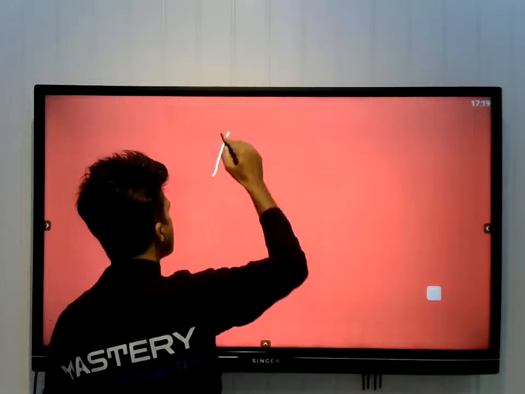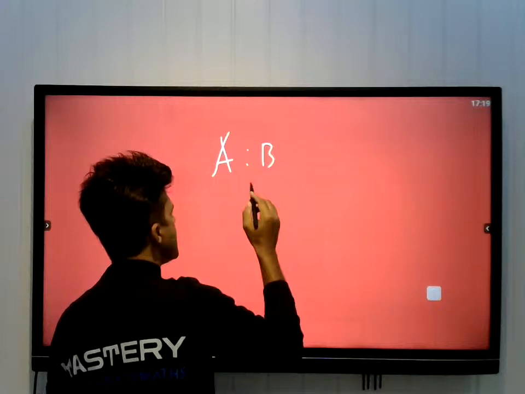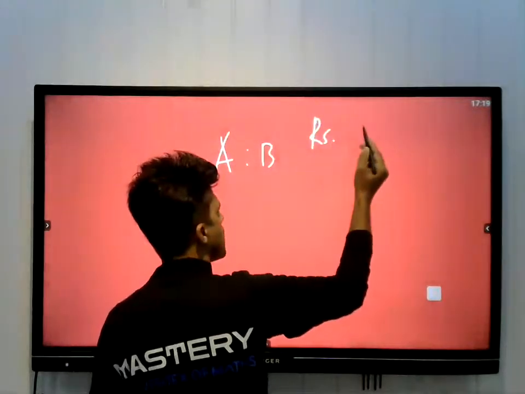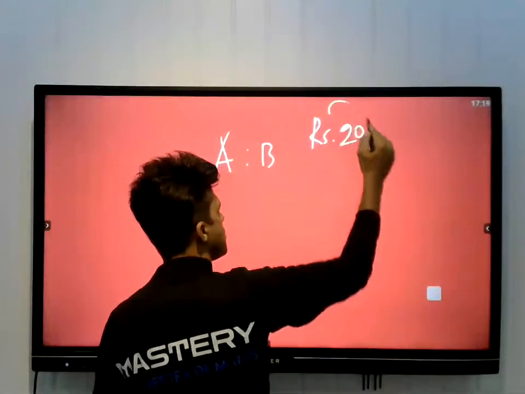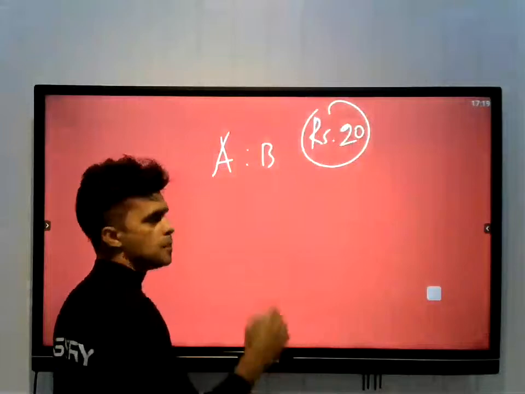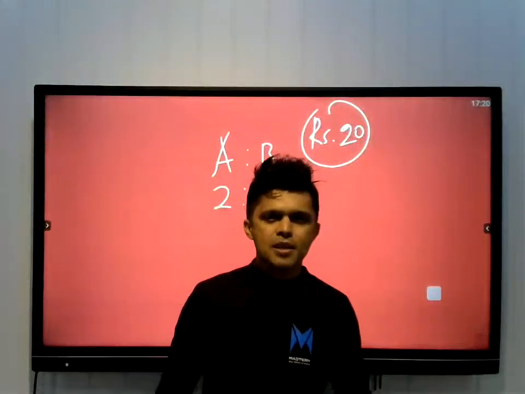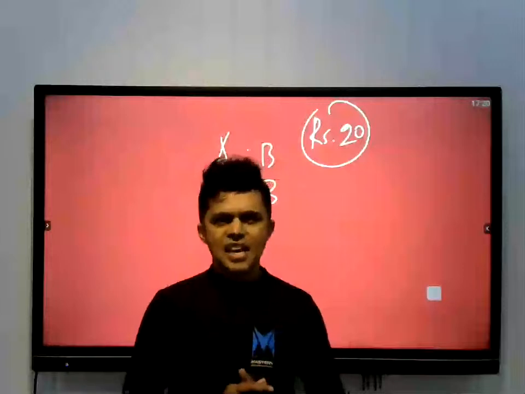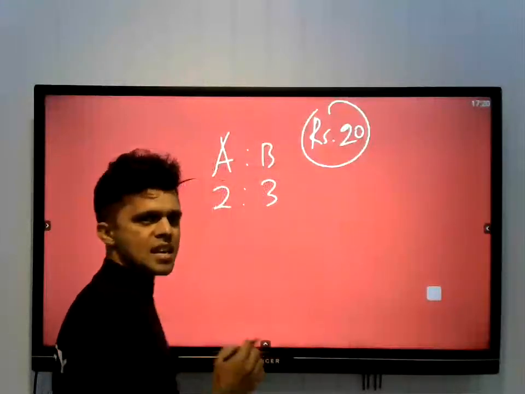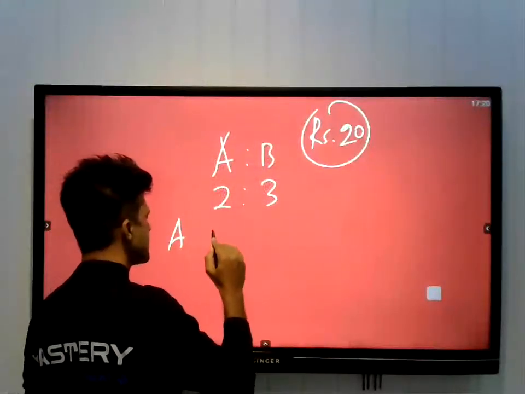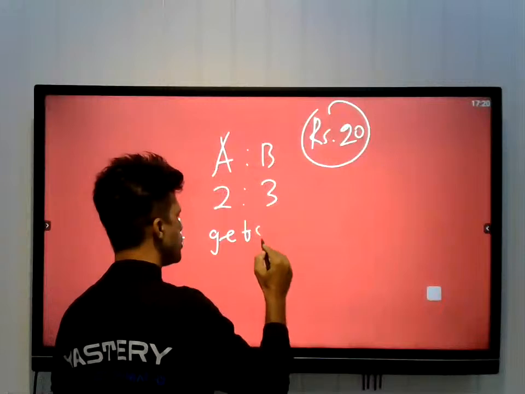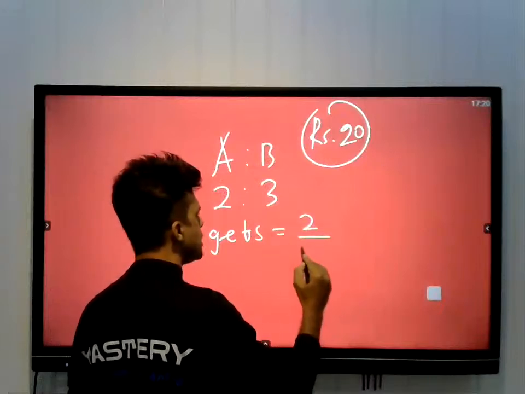When it comes to ratio, take a divided amount of money, 20 rupees, between A and B in the ratio 2 to 3. Then we can get the amount taken by A. A gets 2 over 5.